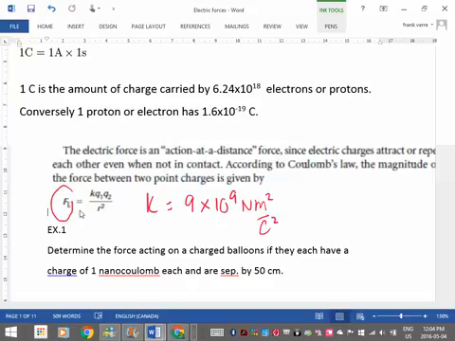Now I want you to know something. You guys study the fundamental forces in grade 11, the 4 different types of fundamental force that we see in the universe. There's the force that holds the nucleus together. That's called the strong force. There's the force that causes the nucleus to change.